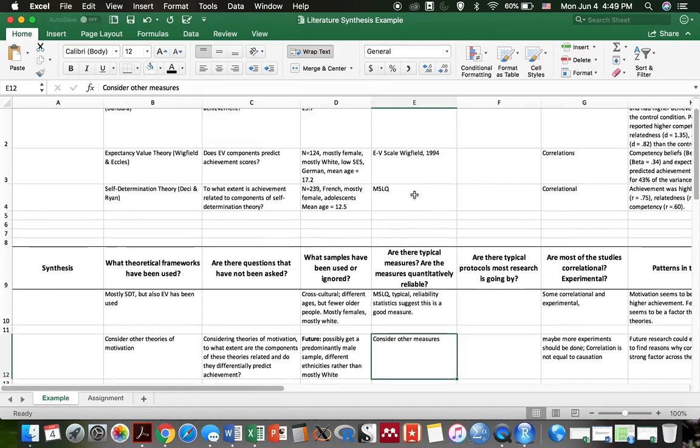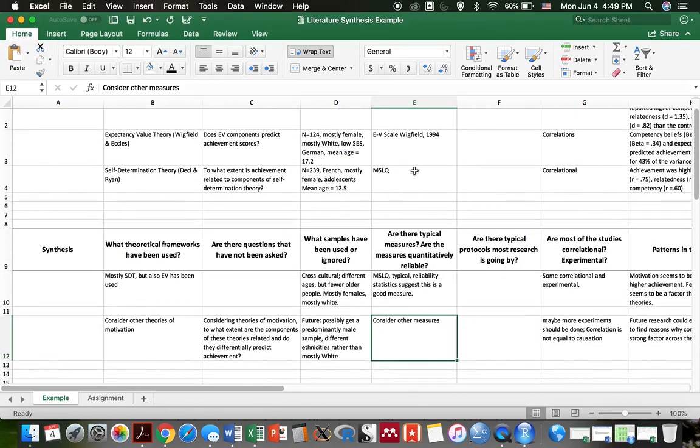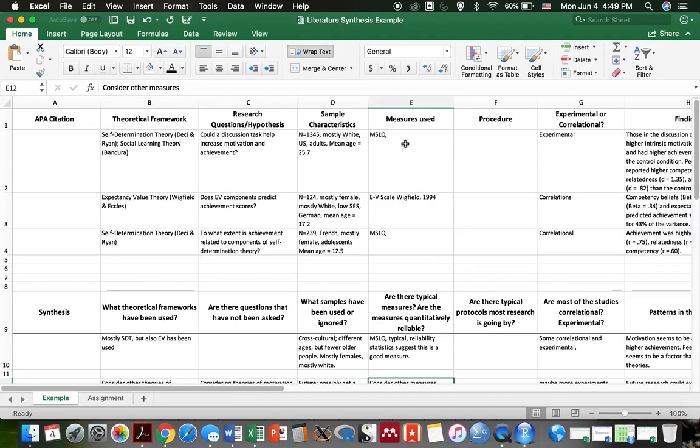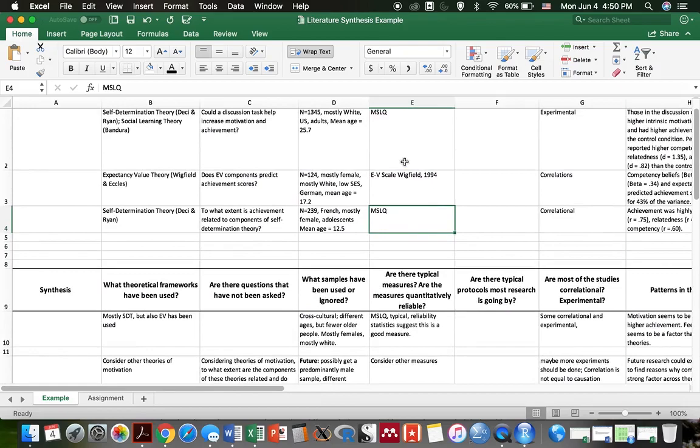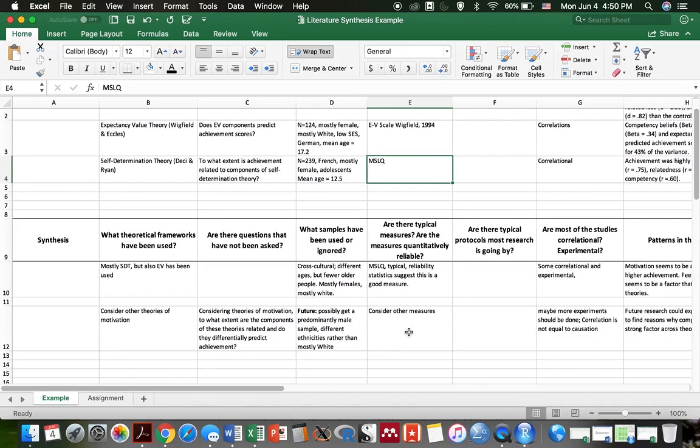So maybe I should consider other measures, because although the MSLQ is used most often, I might consider other measures to add to it. If I were going to do a research project, I might look at the MSLQ and look at the measure that they actually used for this, because it's a very large measure.